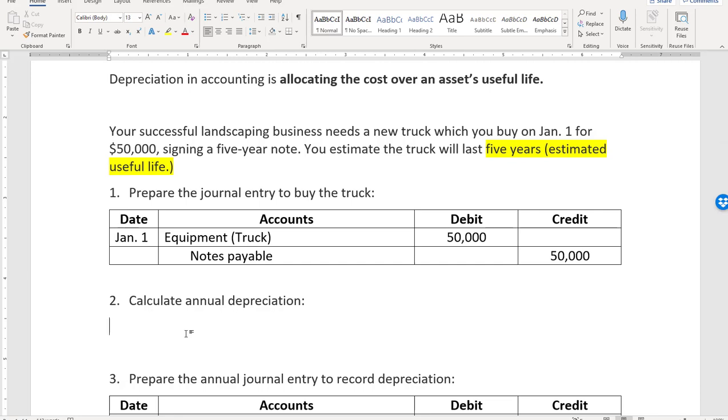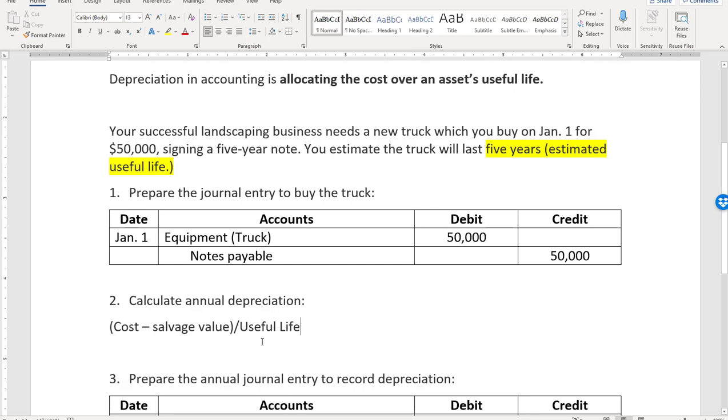We want to record expenses in the same period as revenue. So we're going to take 1/5 of this as an expense each year. Our annual depreciation is equal to cost, and you might have a salvage or residual value, which I'll put in parentheses: cost minus salvage, divided by useful life.